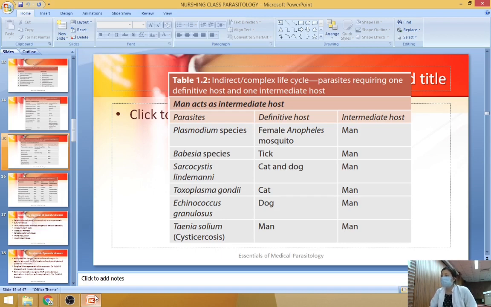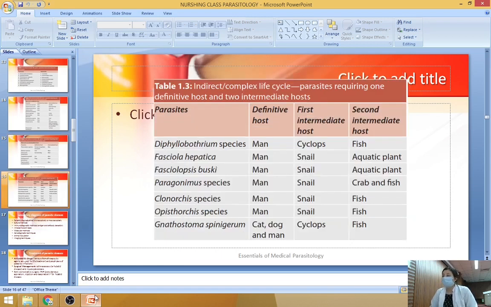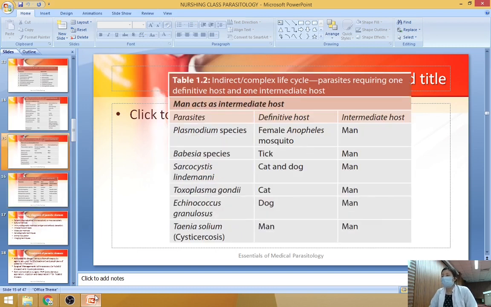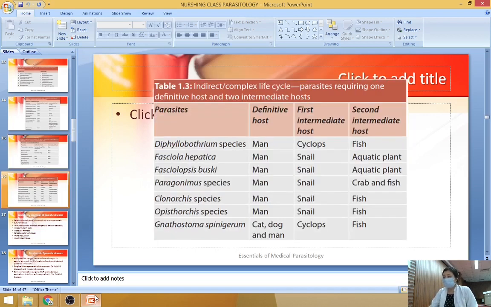And the intermediate host, which means the man, that is where the asexual cycle takes place. This is the intermediate host. Then you have to know all these examples. Here you have to know only Plasmodium is important. Echinococcus granulosus, Toxoplasma, Taenia solium, and then Fasciola hepatica and all, okay. Fasciola hepatica is important and Paragonimus species more, okay.